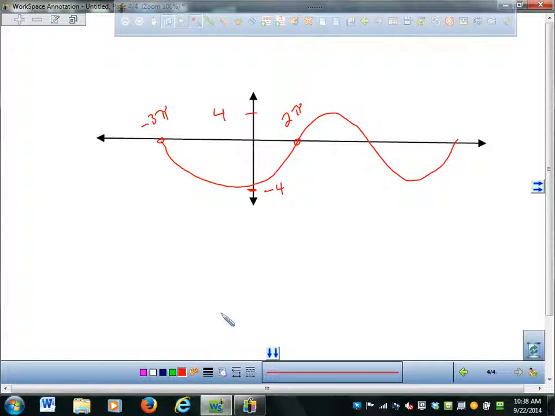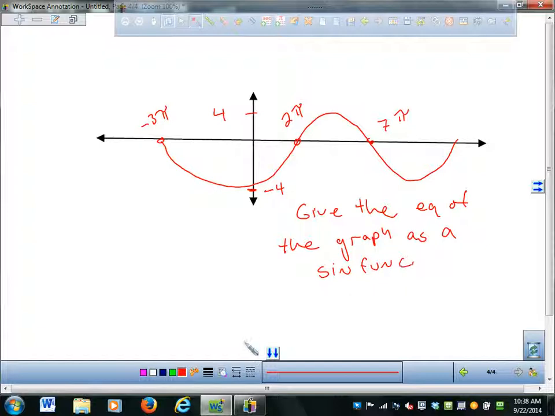And let's say I ask you to give the equation of the graph. I'm going to put one more thing here, 7 pi. This is very much not to scale. As a sine function. Let's just assume that this is more symmetrical than it looks like, okay? What's the phase shift? Negative 3 pi.